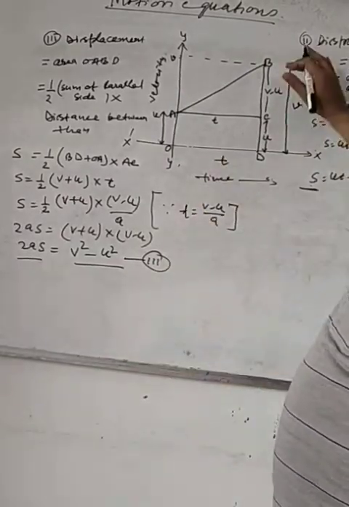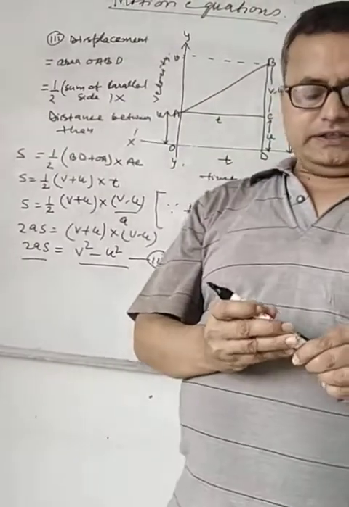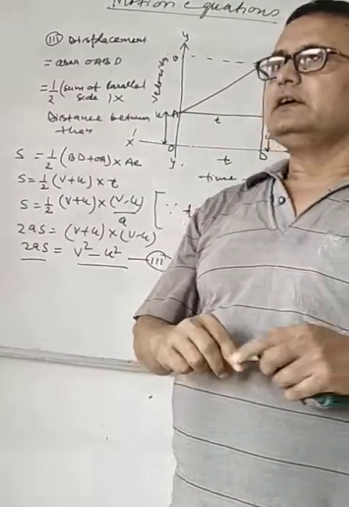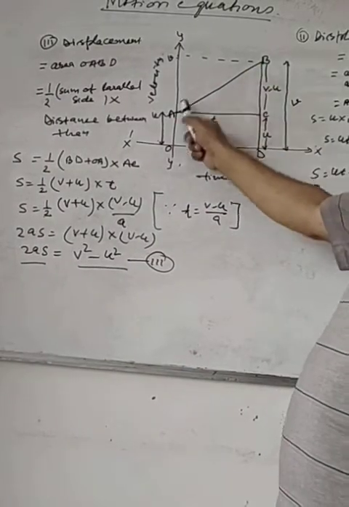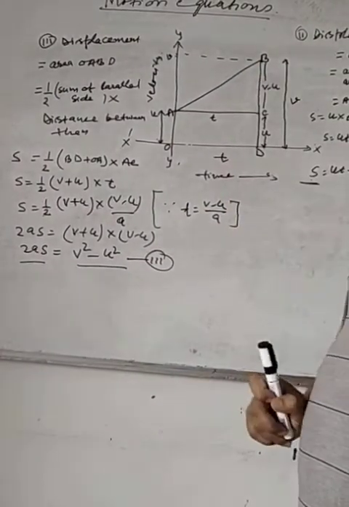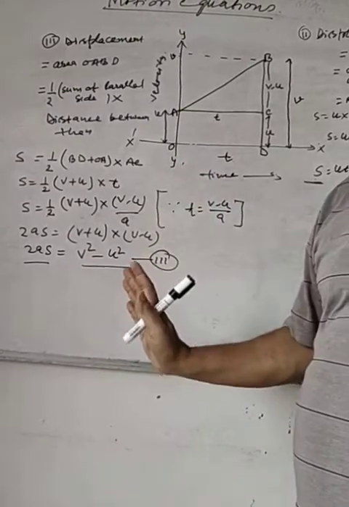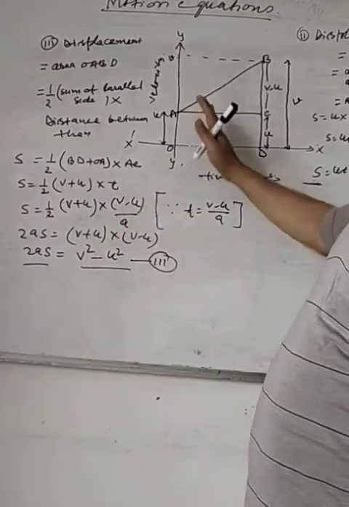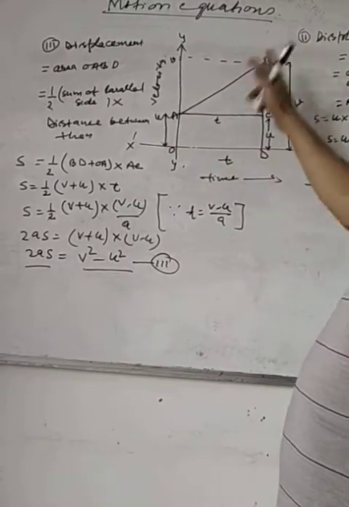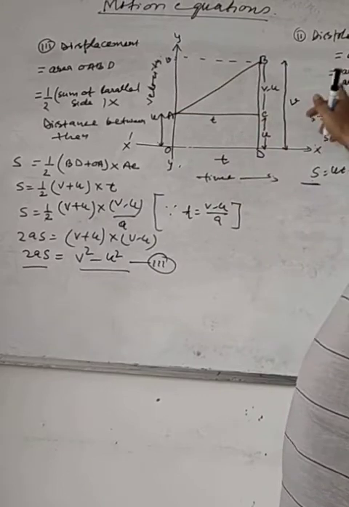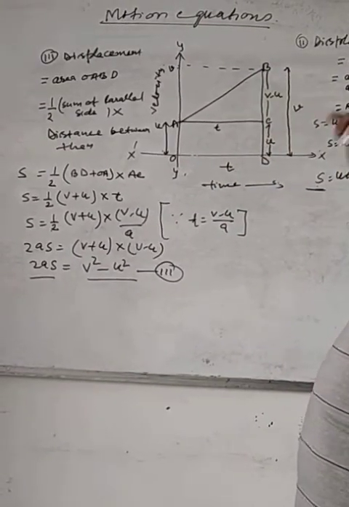Again, repeat equation second and third. In the second, total distance covered by a body is equal to the area under the graph in a velocity time graph, that is equal to the displacement. So it is also known as displacement. The displacement equal to area under graph OABD, and that is area of a rectangle plus area of triangle.